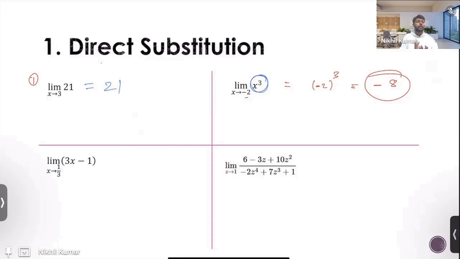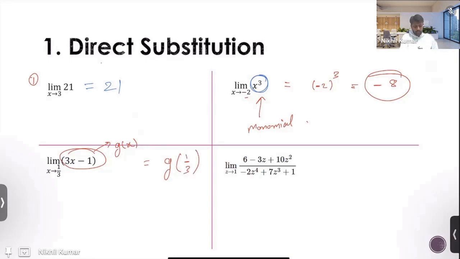Let's move on to the third type of function. Now we have a proper polynomial function. Here we had just a monomial. Here we have a binomial. Of course, both of these are classified as polynomials. Again, if you consider this as g of x, the limit of g of x as x tends to 1 by 3 is going to be the value of the function at 1 by 3.